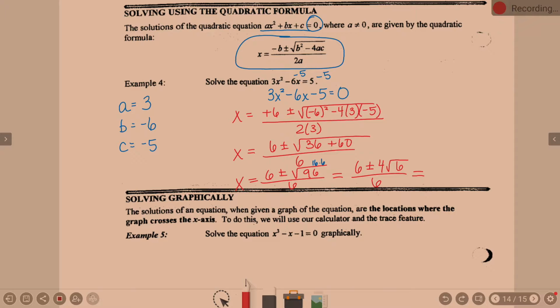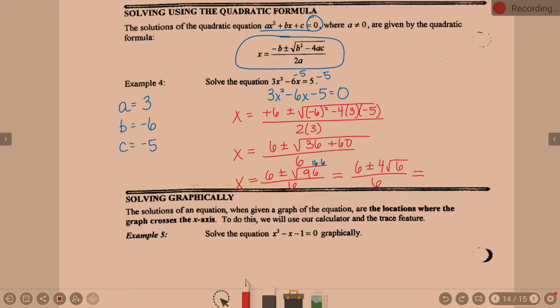Now, we can do a little bit of simplifying at this point. There's 2 different ways we could write our final answer. I see 3 terms here. All 3 terms divide by a number. So the 6 here, the 4 on the outside here, and the 6 here can all divide by 2.